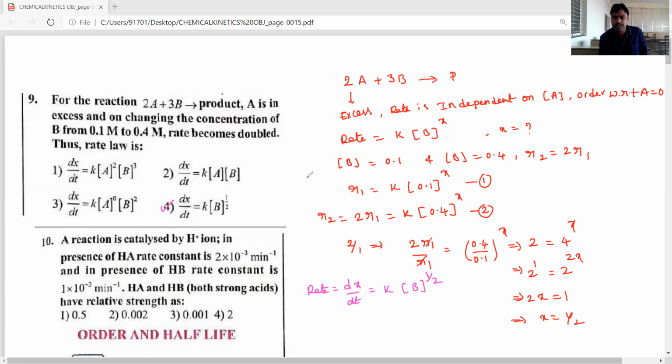So when the concentration of B is 0.1, the rate is R1, and when the concentration of B is 0.4, the rate R2 is equal to 2R1. According to equations 1 and 2, we solved the x value, and x is equal to 1 by 2, which means the order of this reaction is 1 by 2, because the order with respect to A is 0. Okay, let's see the next question.